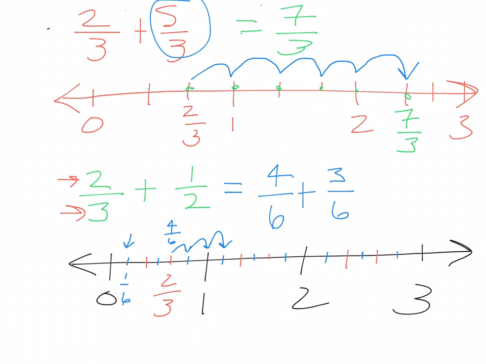All right, I counted 4/6, and then that's 5/6. 1 is 6/6. This is 7/6. And you'll notice when the denominators are the same, all we do is add the numerators.